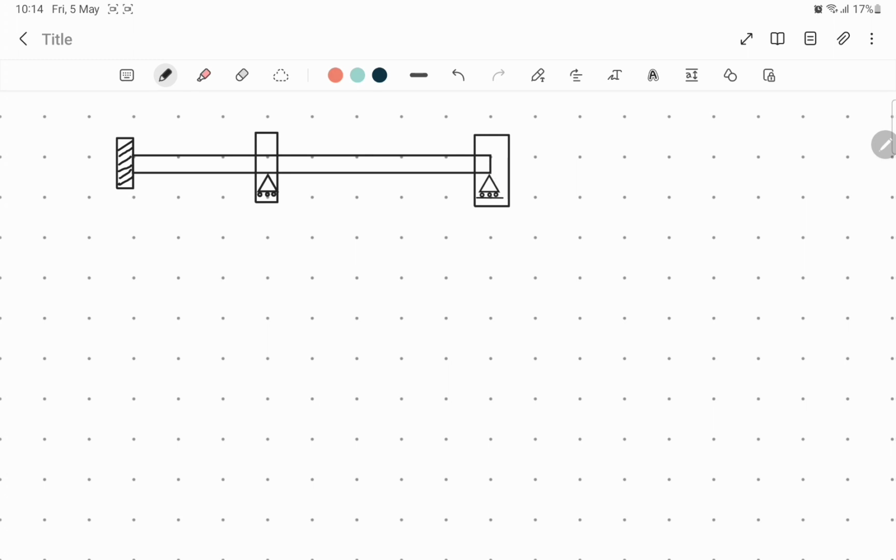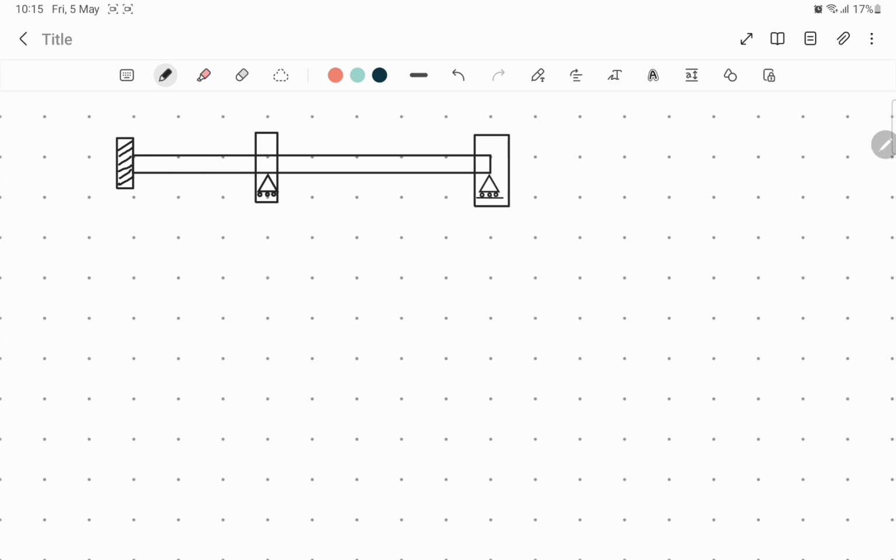And then, we will add half of this moment to the fixed support here at our internal support. So we add this moment to the internal moment at that internal support.